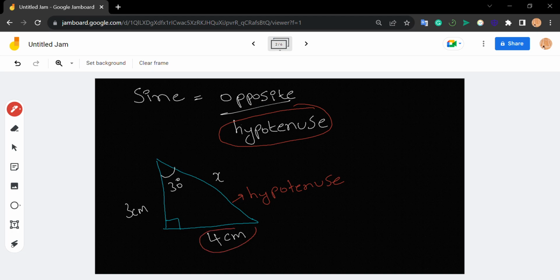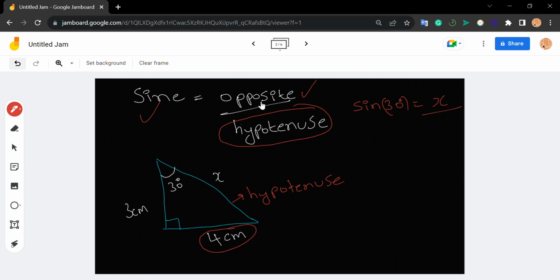That's good. We know the opposite side, and we know the angle, so we know the value of sine. So we need to find the hypotenuse. What I'm going to do is write sine 30. Why have I written sine 30 degrees? Because it's given to us here, equals opposite divided by hypotenuse.